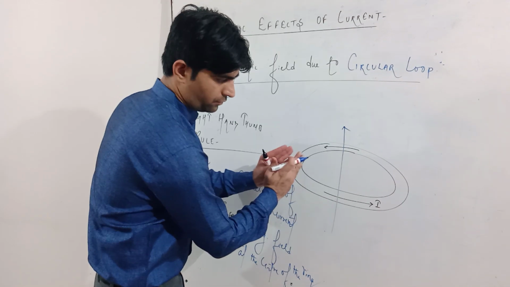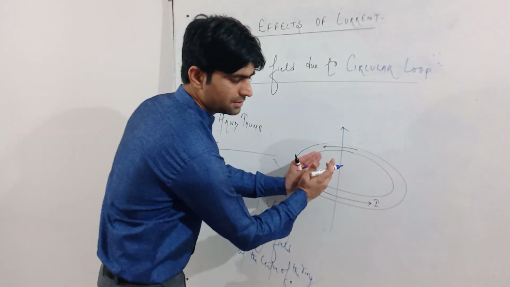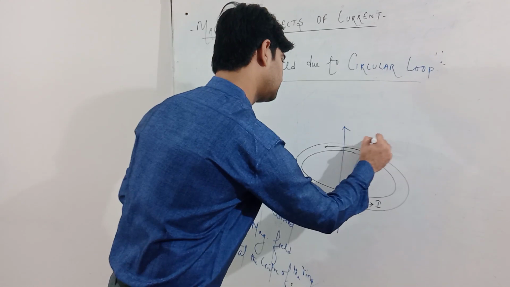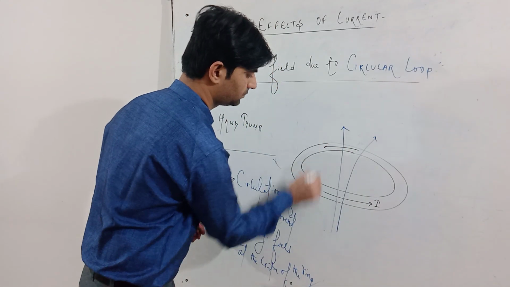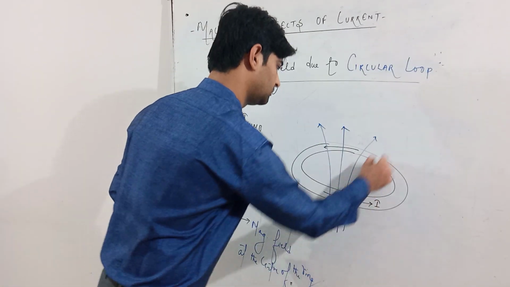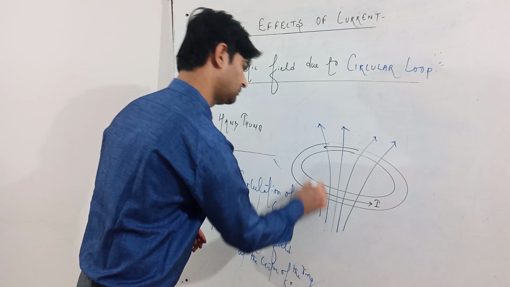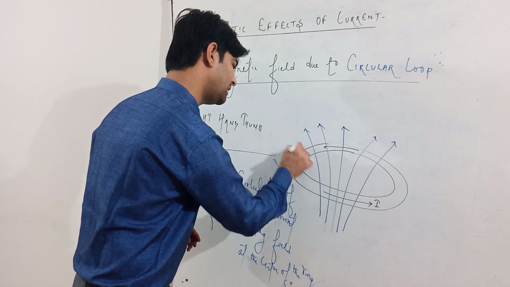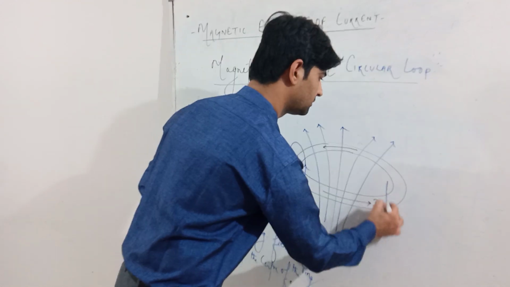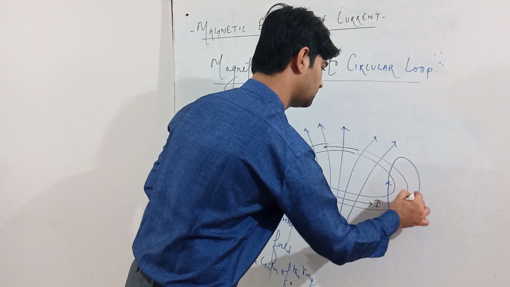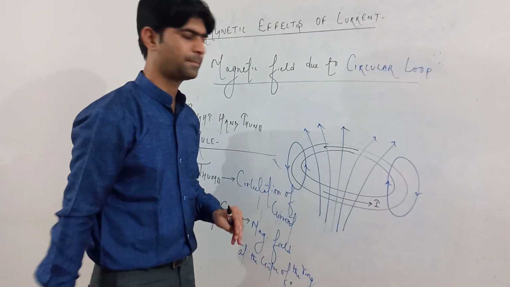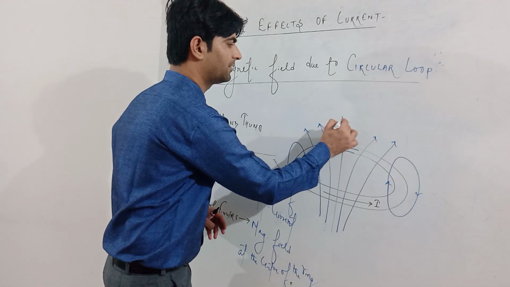And when we move towards the ends, as you move away from the center, this magnetic field will be like this. This is up and this is down. This is the direction of the magnetic field.